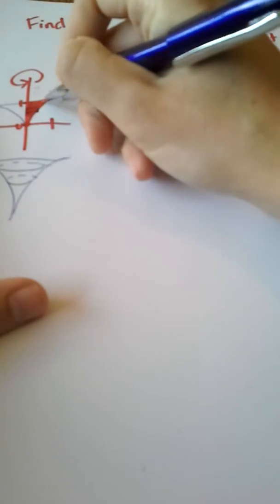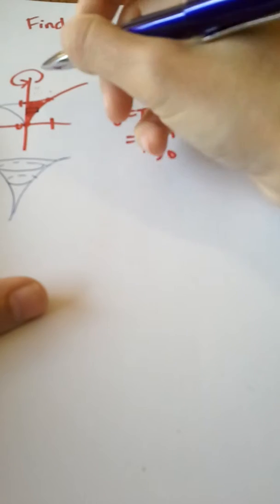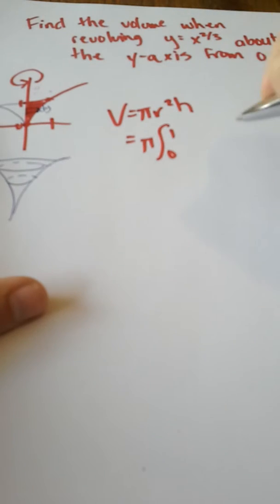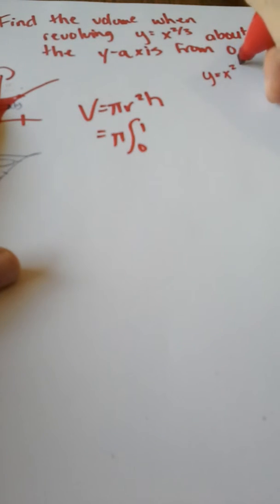So it's the curve minus 0. However, we need to get that in terms of y, because this distance here, the height, is going to be dy. So to do that, we can start with y equals x to the 2/3.